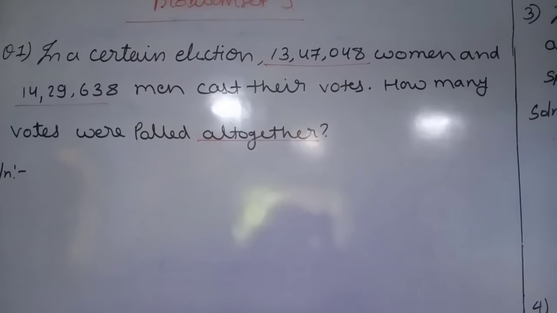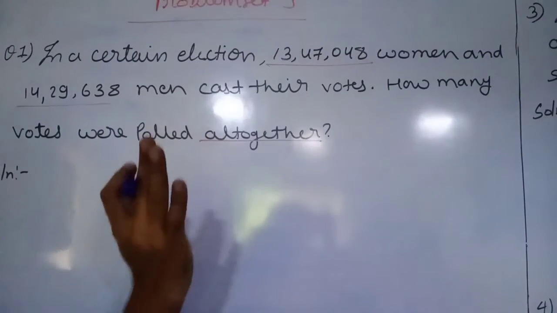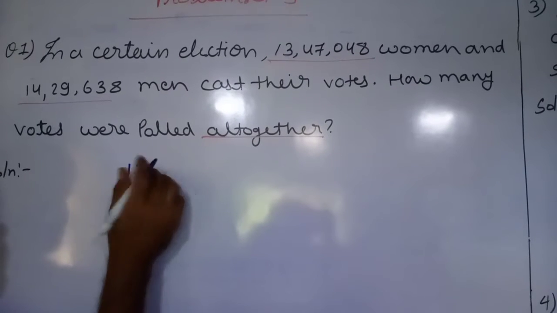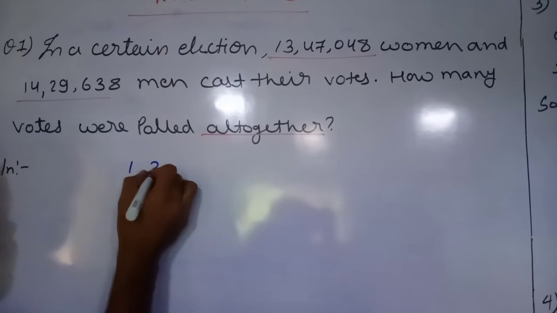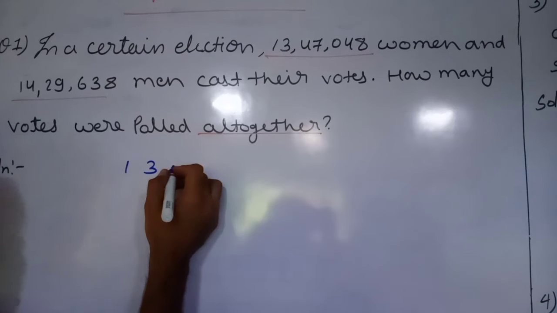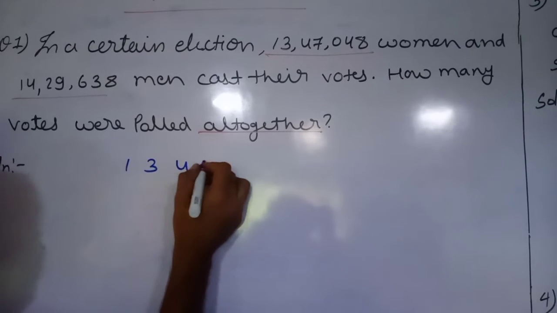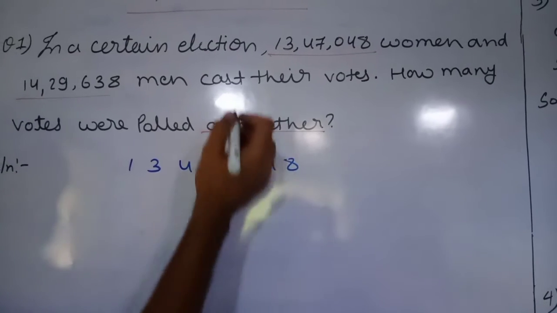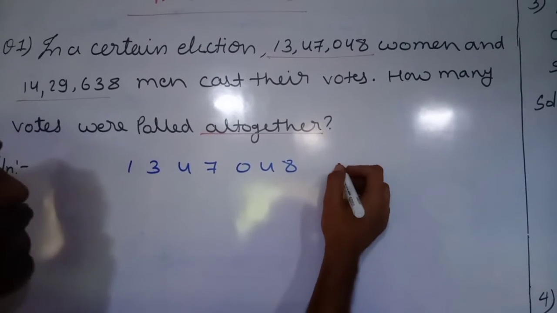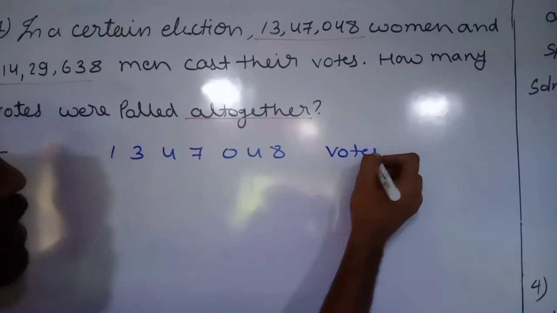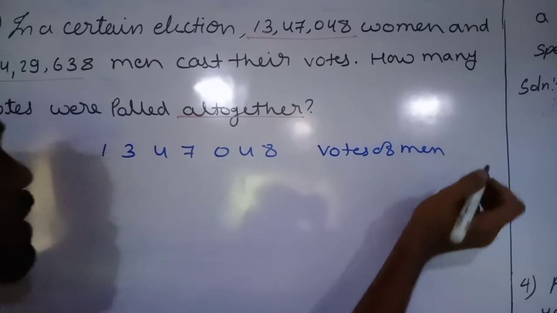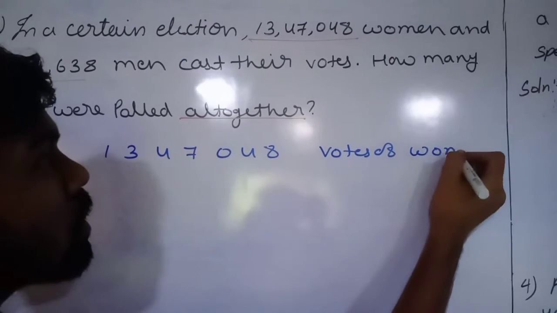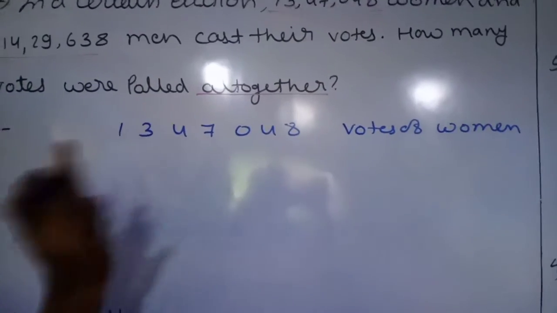So how are we going to do it? Whatever is given, right? 13 lakhs 47,048. We have to write leaving proper space. This is the votes of women, that is given.